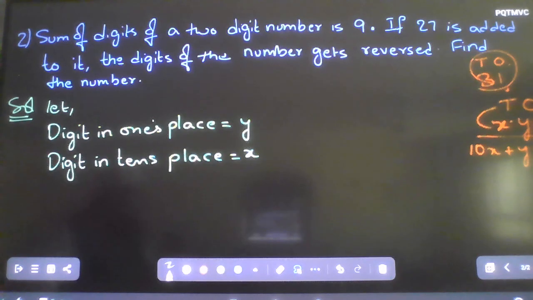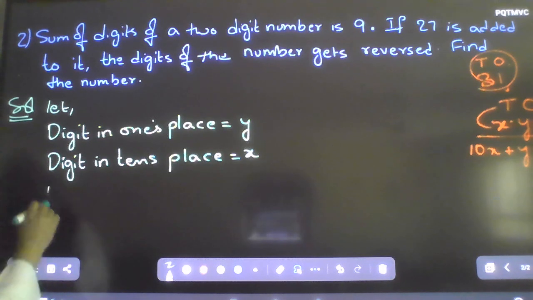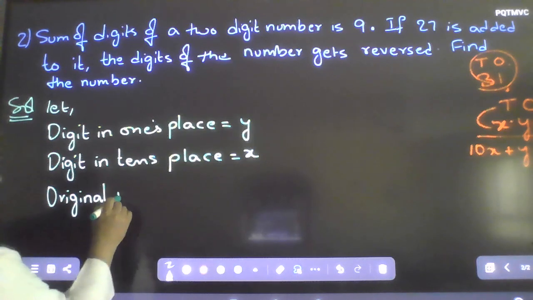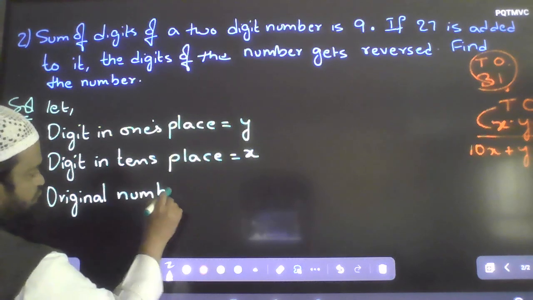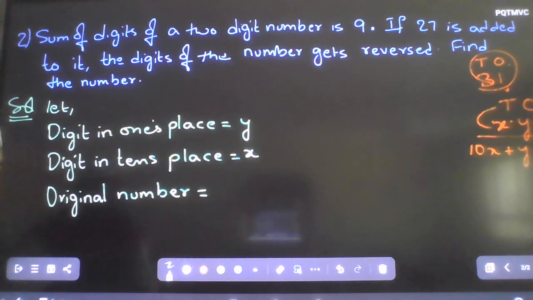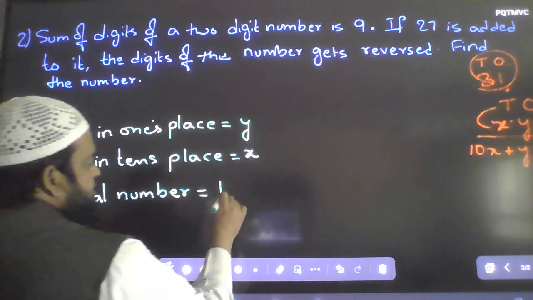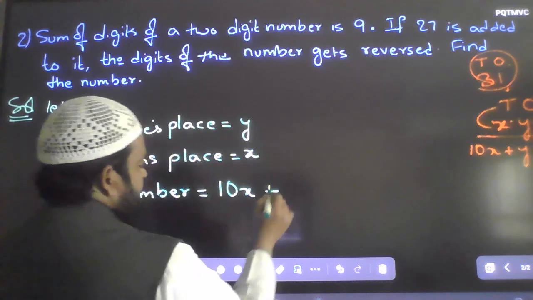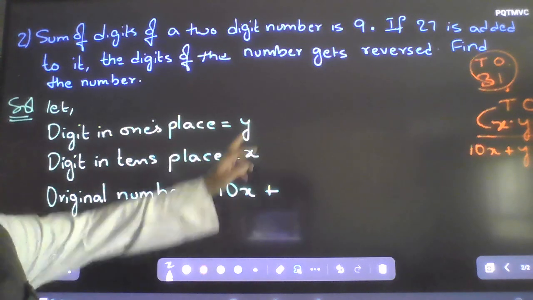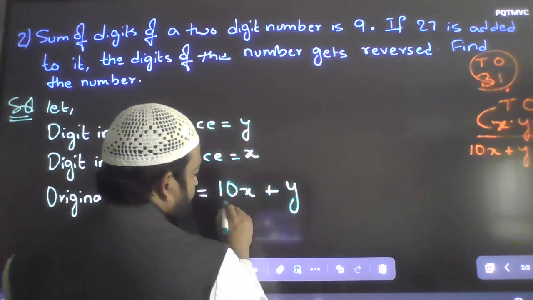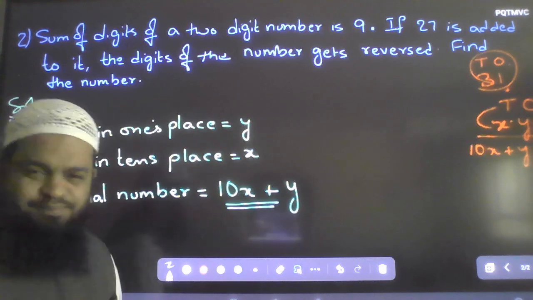Now what will be the number? The original number will be, since in tens place you have x, 10 into x, plus the digit in ones place is y, so you will have 1y. So this is the original number.